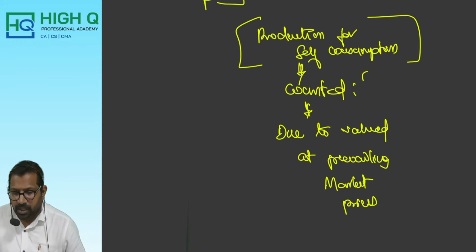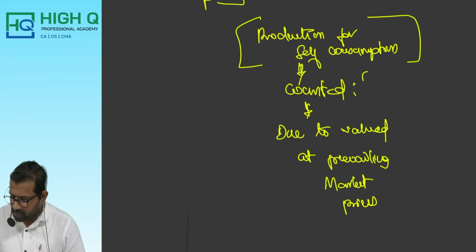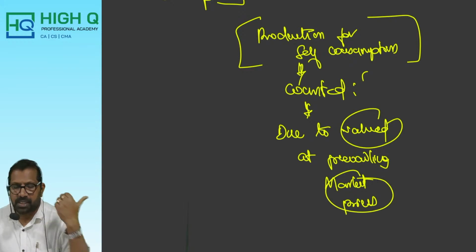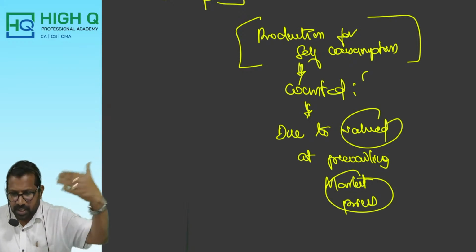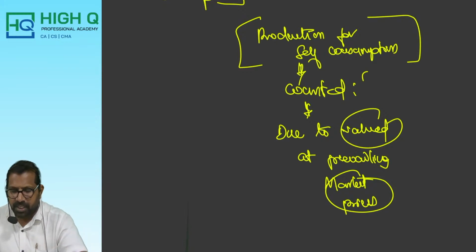Even if a person uses the goods for self-consumption, those goods are to be valued at what price? Market price. As I already mentioned, with regard to measurement of national income, there is one important point: the factor cost as well as the market price are to be included for the measurement of national income. In the same way here, production for self-consumption is to be taken into account.